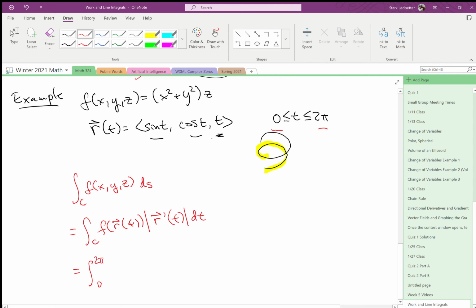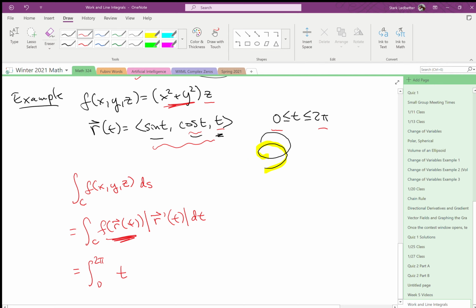We've got to plug in sine t for x, cosine t for y, and t for z. So that's going to be sine squared plus cosine squared, times t. Sine squared plus cosine squared is 1. So this whole f of r of t is actually just t.